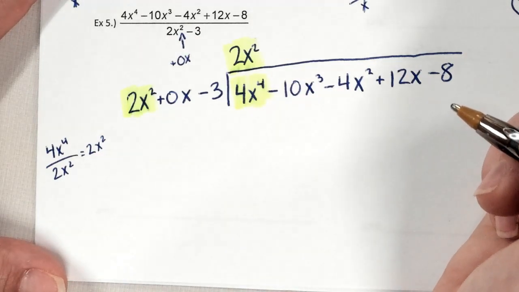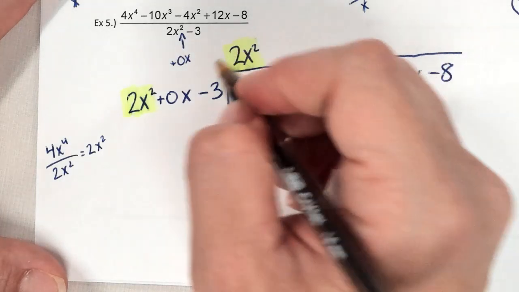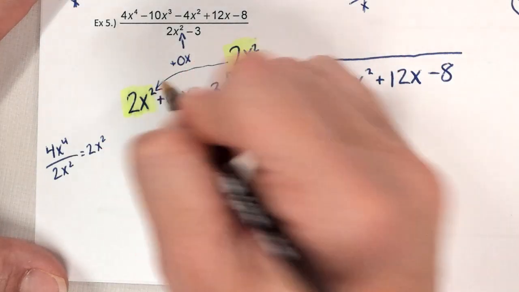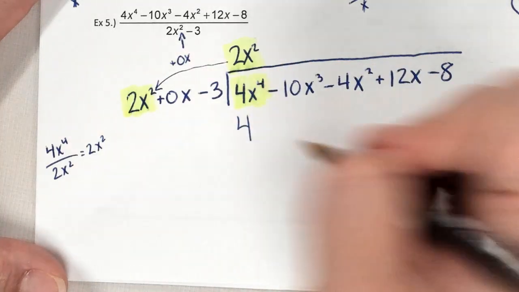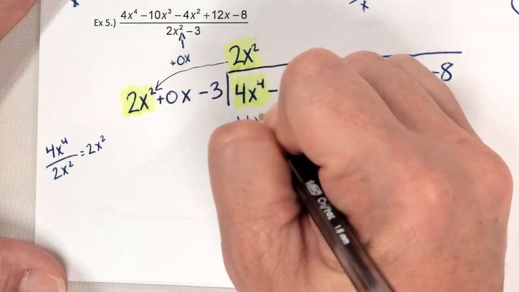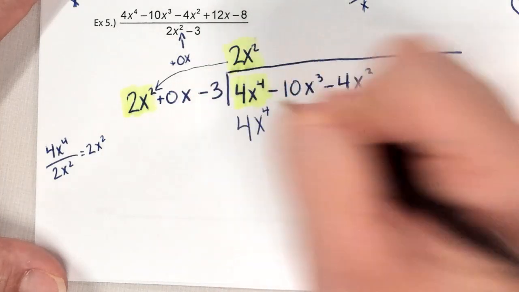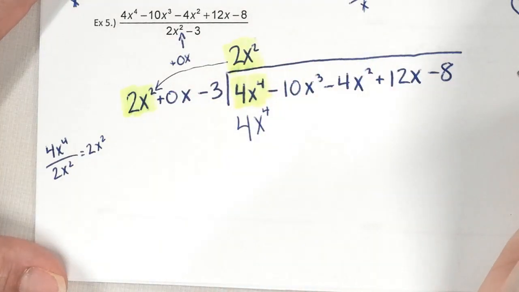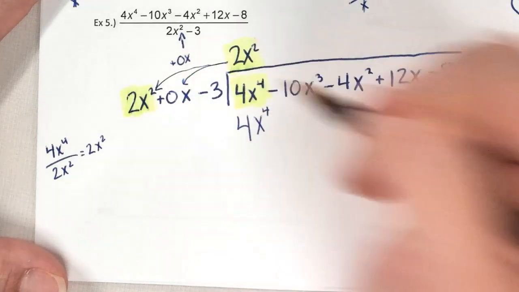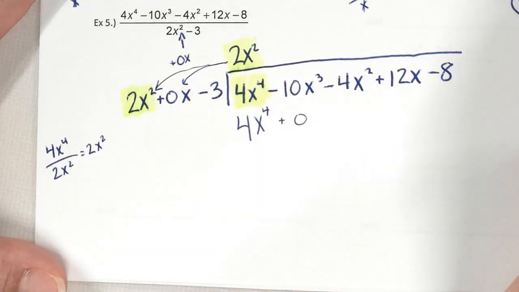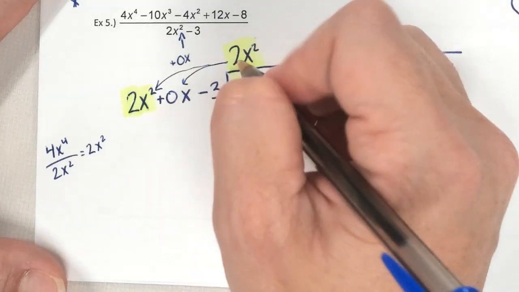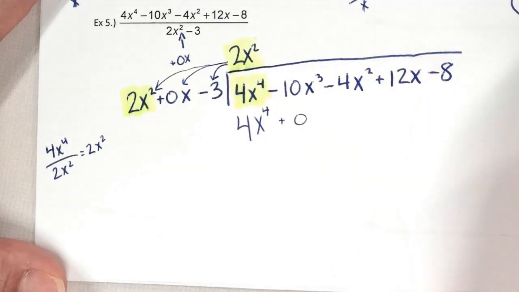What do we do after that? Multiply. So 2x squared times 2x squared, well, 2 times 2 is 4. X squared times x squared, we add. 2 plus 2 is 4. What's anything times 0? 0. So is it okay if I just put 0? Does it matter what my letters are? No. And what's 2x squared times negative 3?